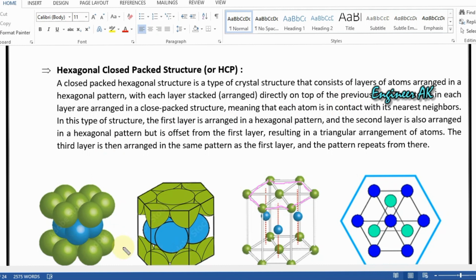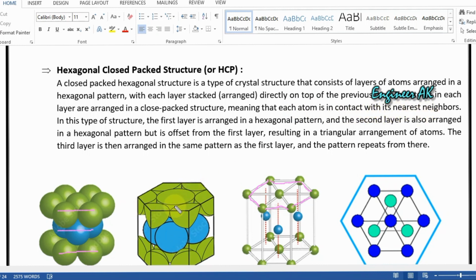So here we can see it is the first layer, then here is another layer, and here is another layer, right? So it is arranged in this manner, and the atoms in each layer are arranged in a close packed structure, meaning that each atom is in contact with its nearest neighbor.